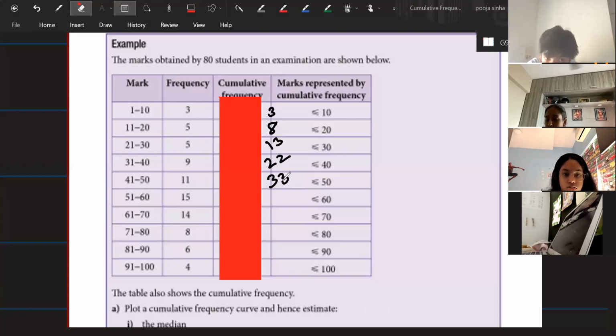Next. Less than 60. 48. Next. 62. Okay, so maybe just wait. Trisha, the rest of the 3 answers you will give me. Quickly tell me. 70. Okay. 76.